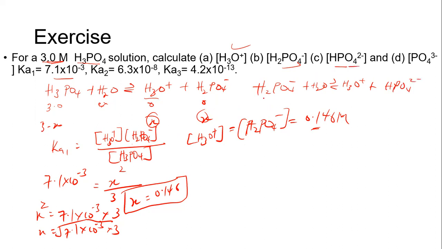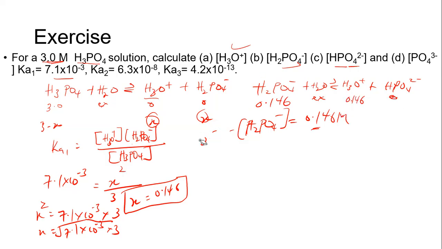Good. Now, what's the concentration of the H2PO4 minus? That is 0.146. Then initially, this one will be in excess. We already have H3O plus in solution. It's also 0.146. Then this is 0. This is 0. We have not formed this in solution, so it's 0.